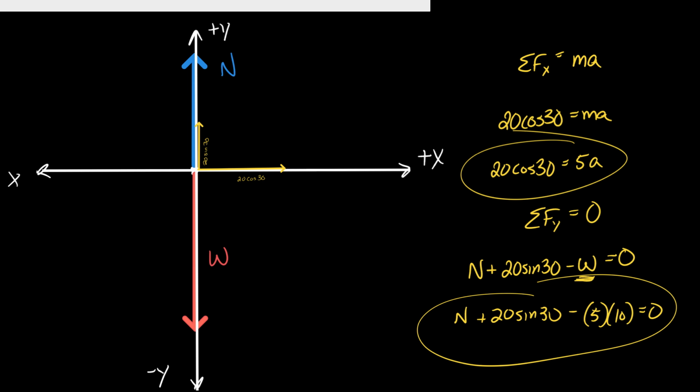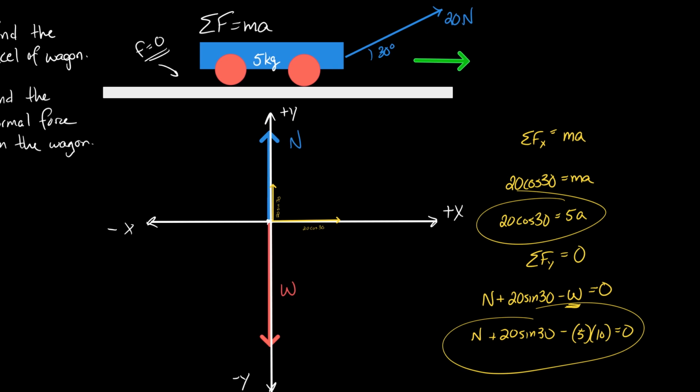Yep. So why would the y be set to 0 but not the x? The wagon is accelerating, so we said that this has to be a second law problem. When we picked our coordinate system, we forced one of the dimensions to be in the direction of the acceleration so that the other one would be 0. Does that make sense? Okay.